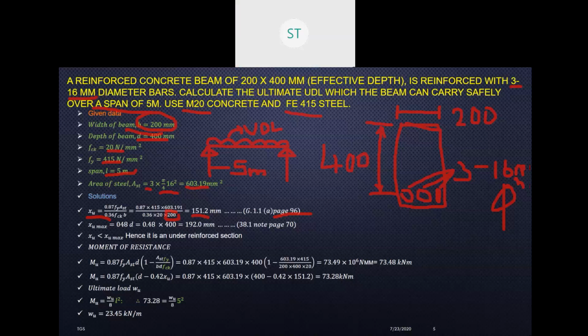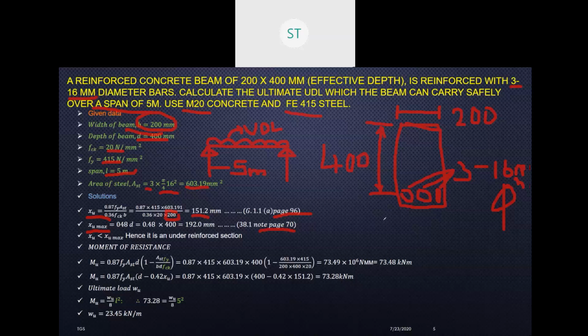So we have to find out the Xu max. Xu max is given on page 70 of the IS code. Under the figure, a note is given, which depends upon the fy.